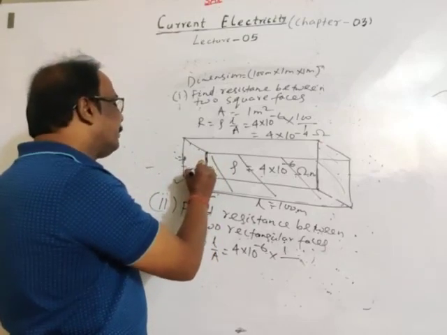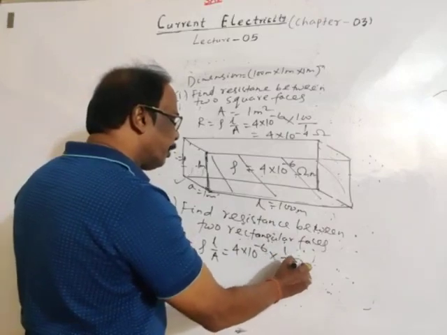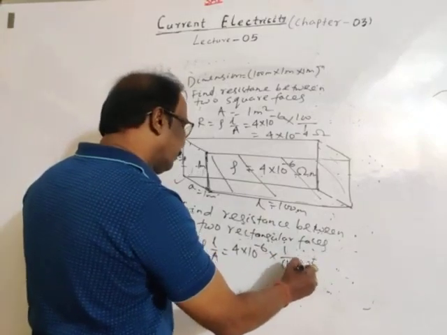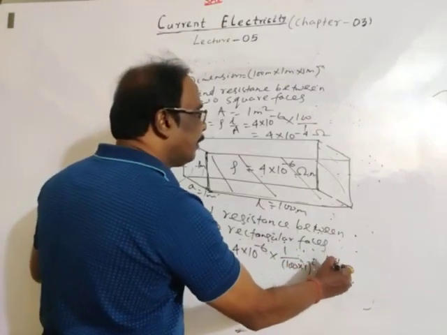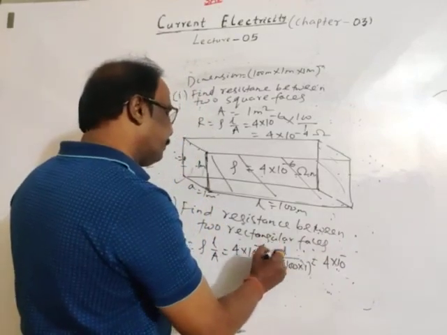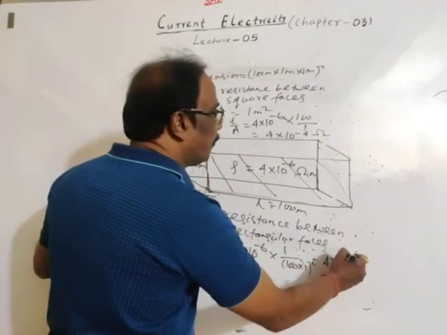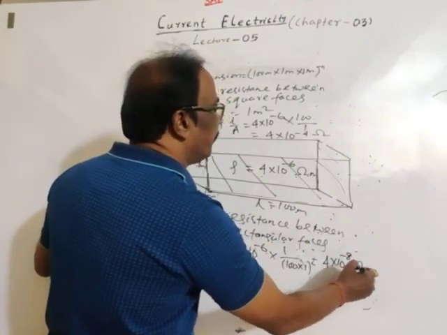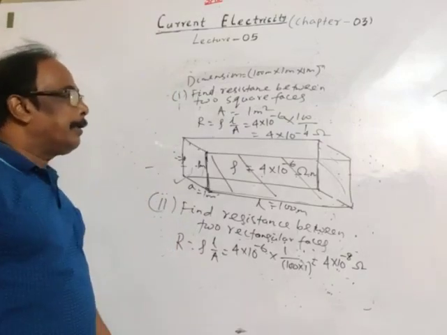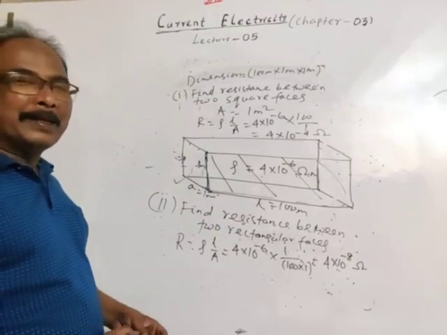This is 1 meter, length is 100 meter, then the area is 100 into 1. Then we get 4 into 10 to the power minus 6 over 100, that is 10 to the power minus 8. Is it clear? 4 into 10 to the power minus 8 ohm.